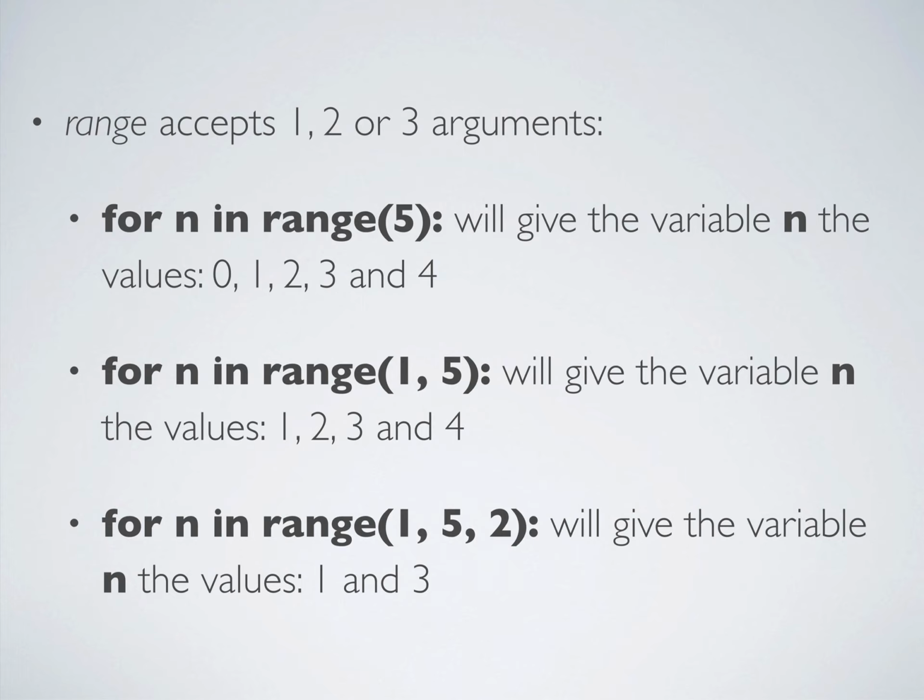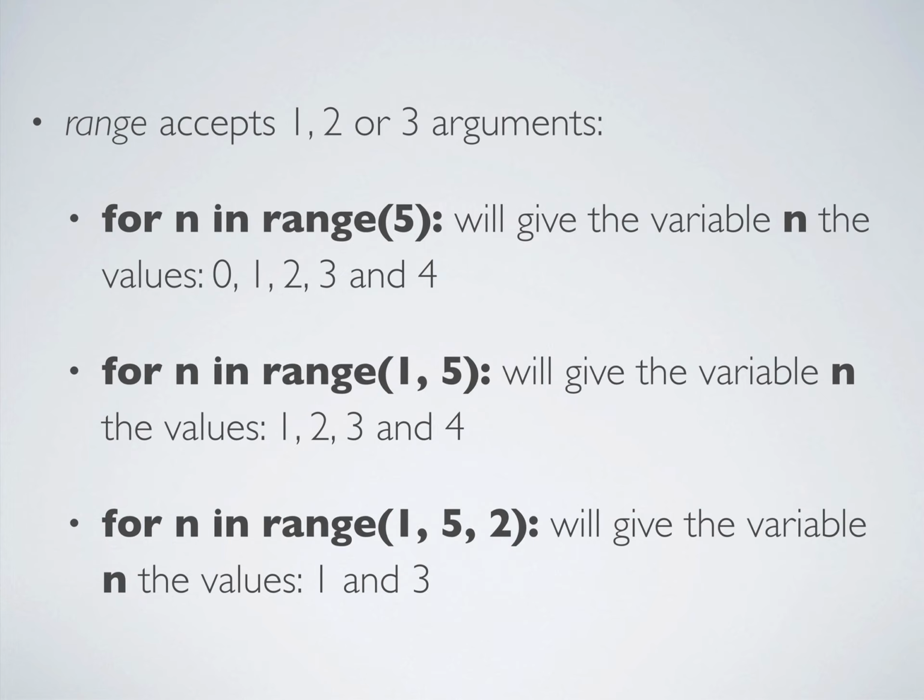So in these two previous examples with 1 and 2 arguments, each time we went up to a new number, we just went up by 1. You can change that if you want. So let's say you want to do every other number instead. You could give it the skip 2, so you can give it the third argument 2. So in this case, for n in range(1, 5, 2).